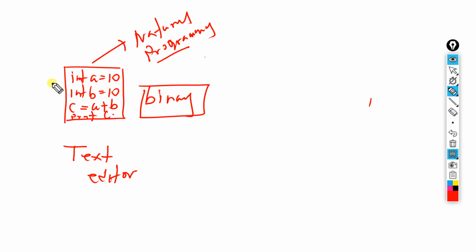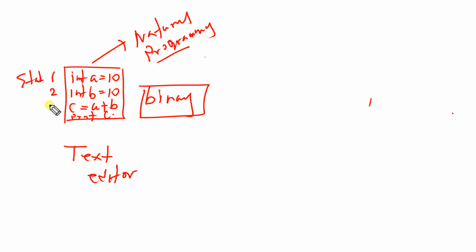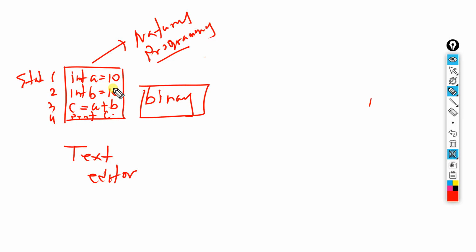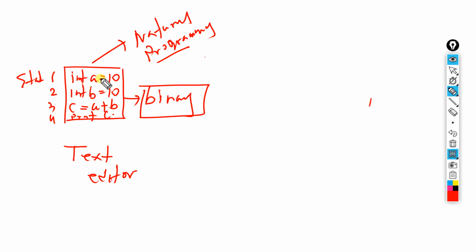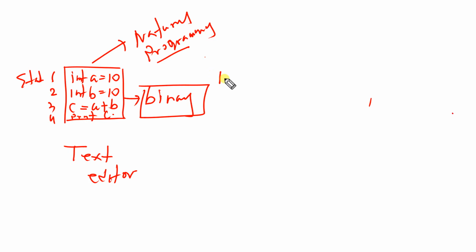So all these statements, this is statement 1, 2, 3, 4, should be converted to binary language, which is understood by the computer. Computer doesn't know what this int is. This is an integer type variable a assigned the number 10. But for integer, you have to say this integer is 0, 1, 0, 1.